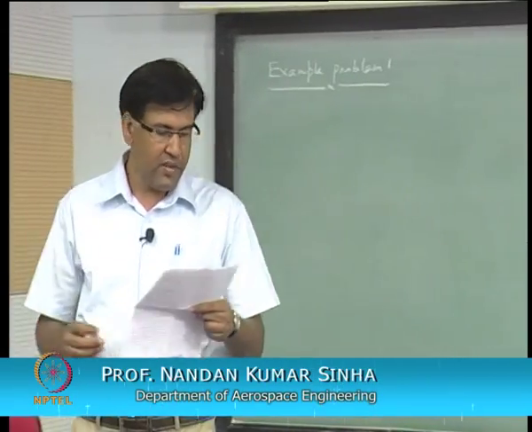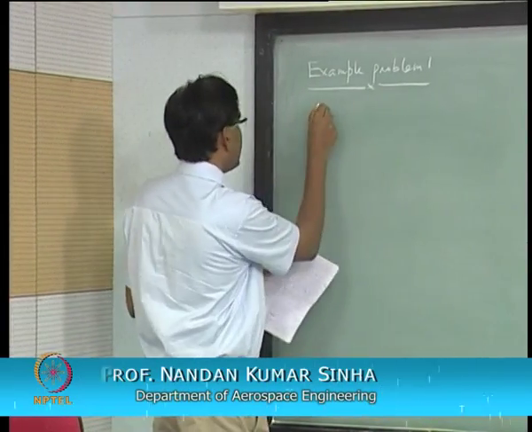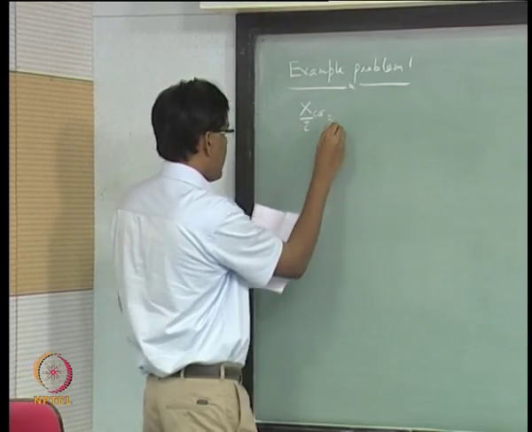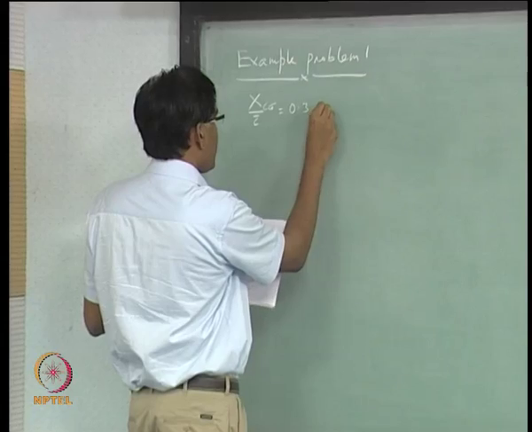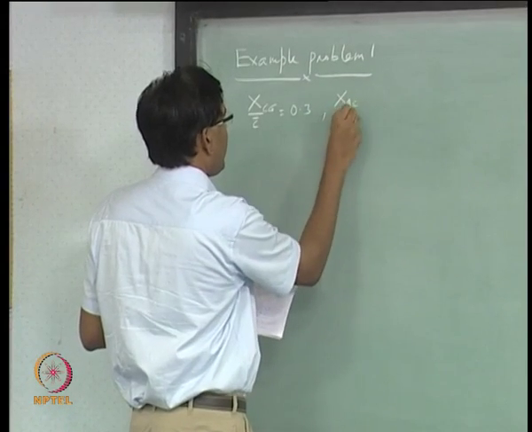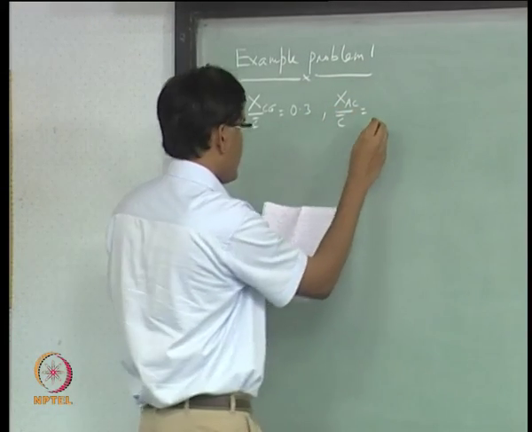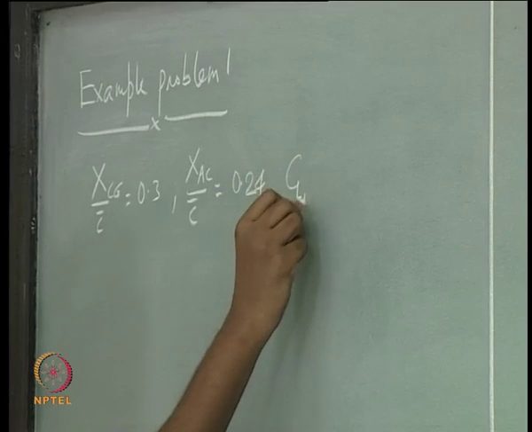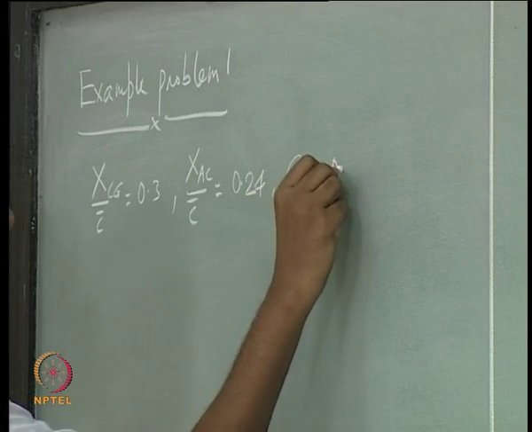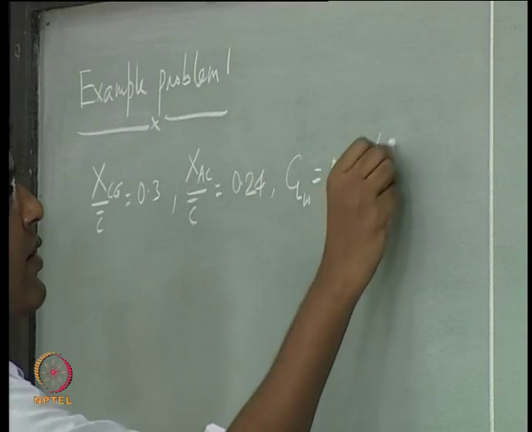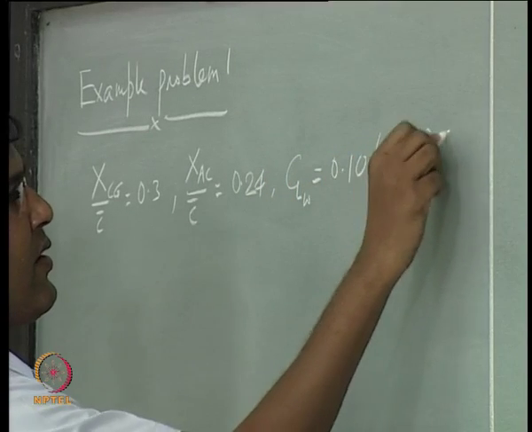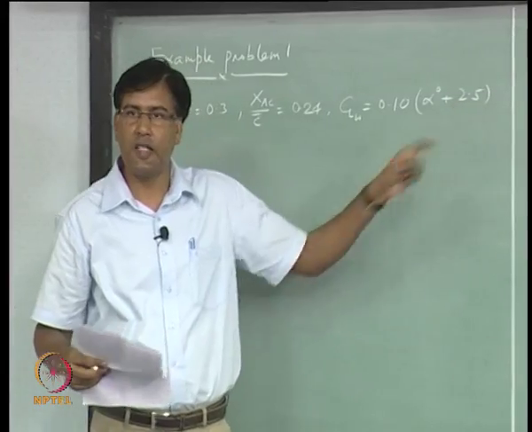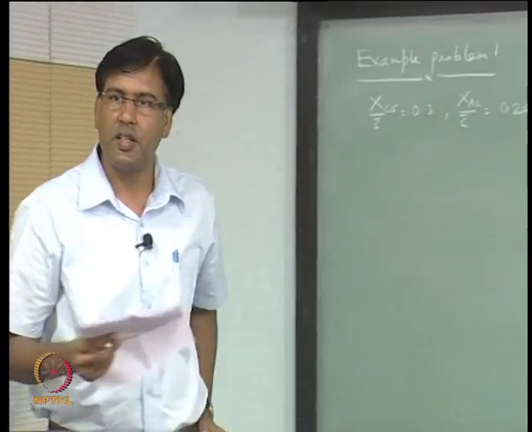Okay, so we have an aircraft for which we have some data available. So, this alpha is alpha 0 lift, right.